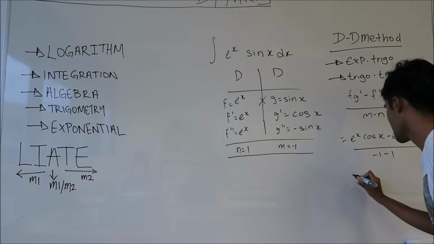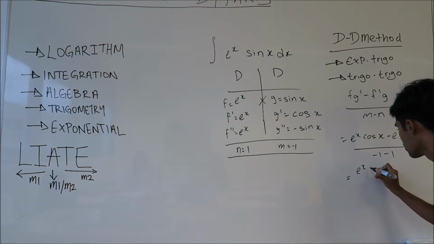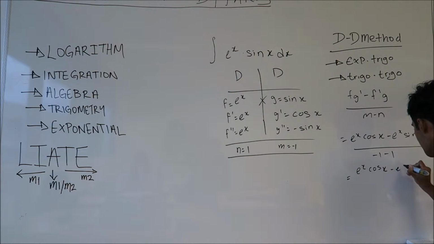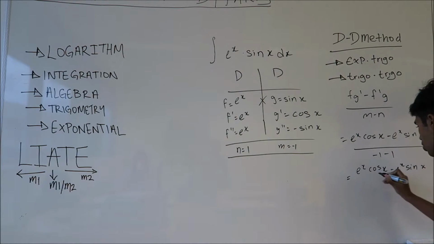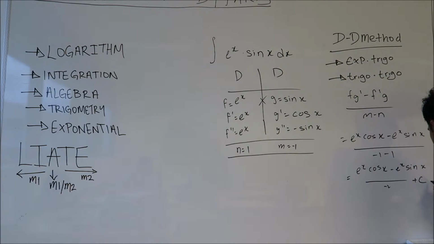We then proceed to tidy up, and we are left with e^x cosine x minus e^x sine x over minus 2 plus c. And that is the final answer for this question.